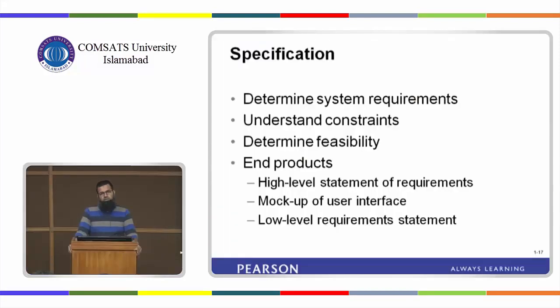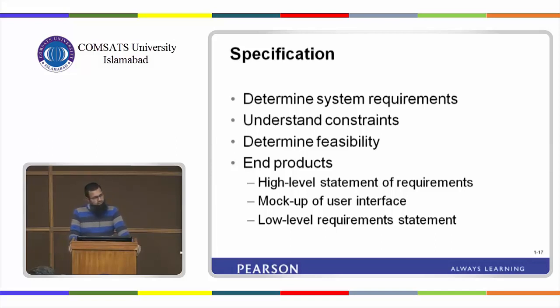And when we say feasibility, that is again related to the cost, time, and scope of the project or the software. So what we get as the artifact, the output of the software specification, is the document which has the collection of the requirements.